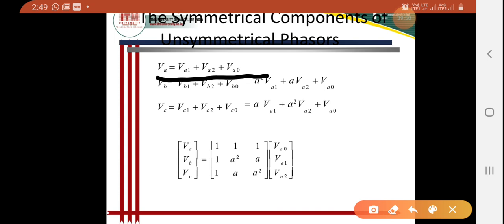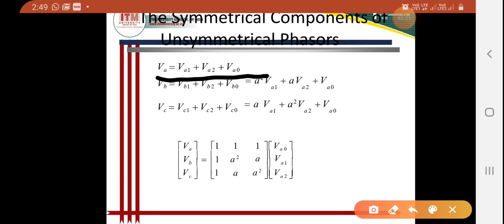From the graphical representation of the symmetrical components, we are able to write our unbalanced voltages VA, VB and VC from the positive sequence component, negative sequence component and zero sequence component of the voltage. You already know that VA1, VA2 and VA0 are the positive, negative and zero sequence components of the phase A voltage respectively.